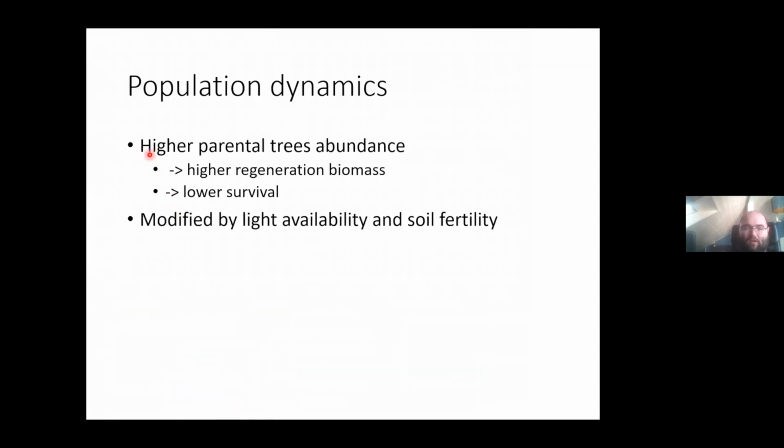This leads us to the conclusion that higher parental tree abundance increases the regeneration biomass because it supplies more seeds and more seedlings. However, it decreases its survival, shaping the dynamic equilibrium between recruitment and survival of the regeneration. And these relations are modified by light availability and soil fertility.